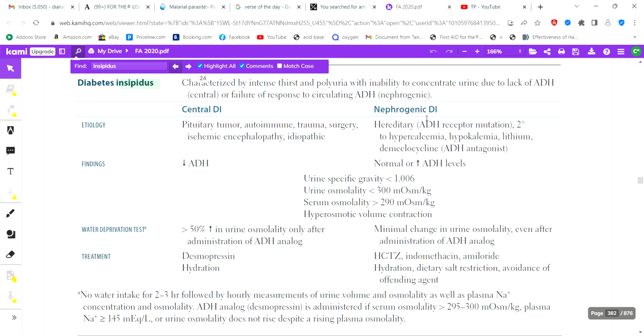So lithium causes nephrogenic diabetes insipidus. It's due to an ADH receptor mutation.